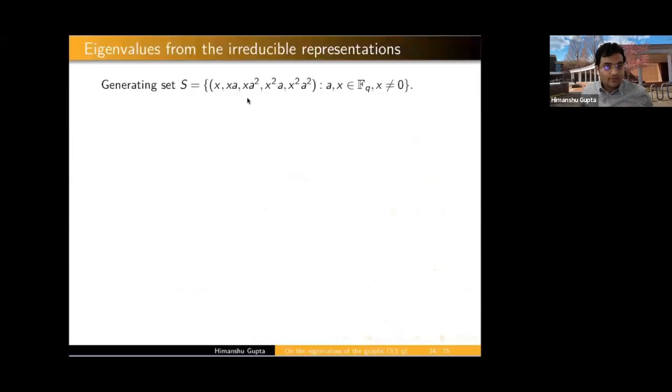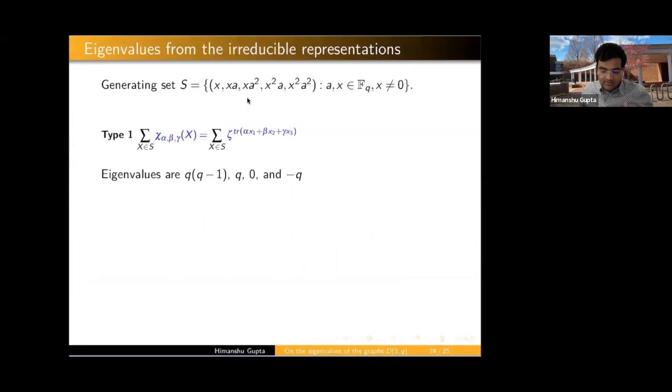Now we want to compute the eigenvalues coming from these representations. Remember, the generating set is given like this. All we do is add chi alpha beta x, where x is coming from S. That means we are adding this expression. This is of degree 1, so it is a 1 cross 1 matrix. Whatever this summation is, it gives you the eigenvalues directly.